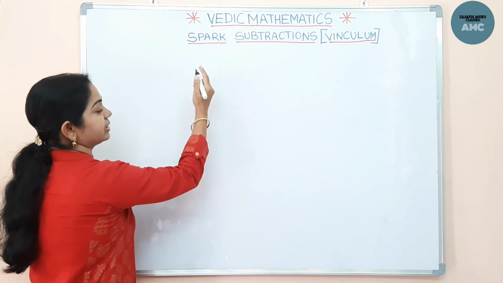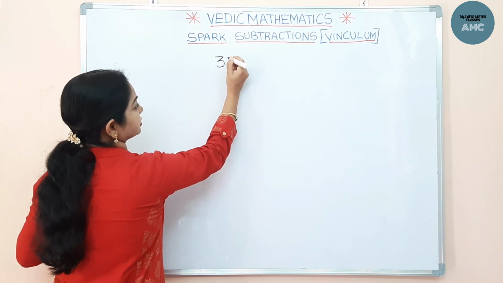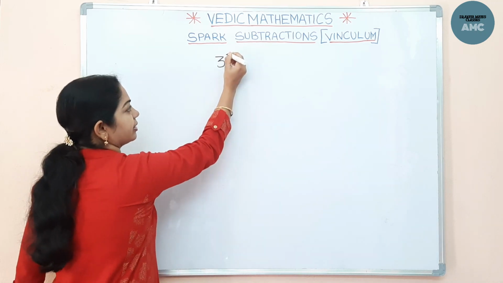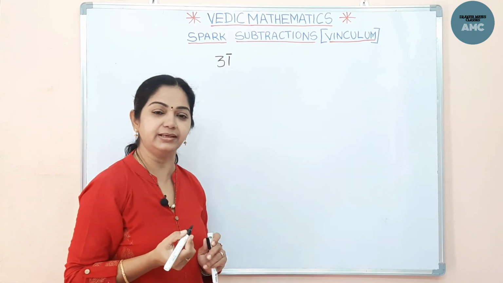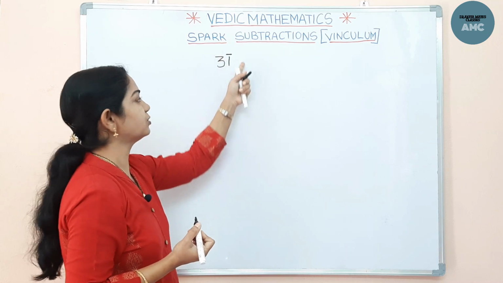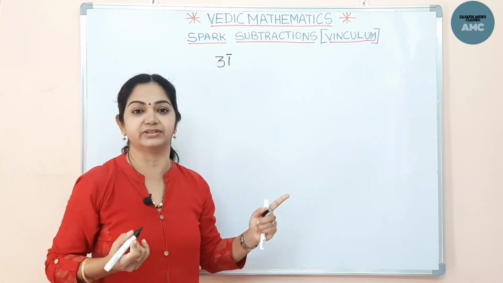Now, what is this Vinculum? Now, if I take a number like 31, okay, I've placed a bar on 1. This bar is called as Vinculum in Sanskrit or in the Vedic mathematics. Right. Now, this is not an actual number. This is not 31, positive 31 or a negative 31.